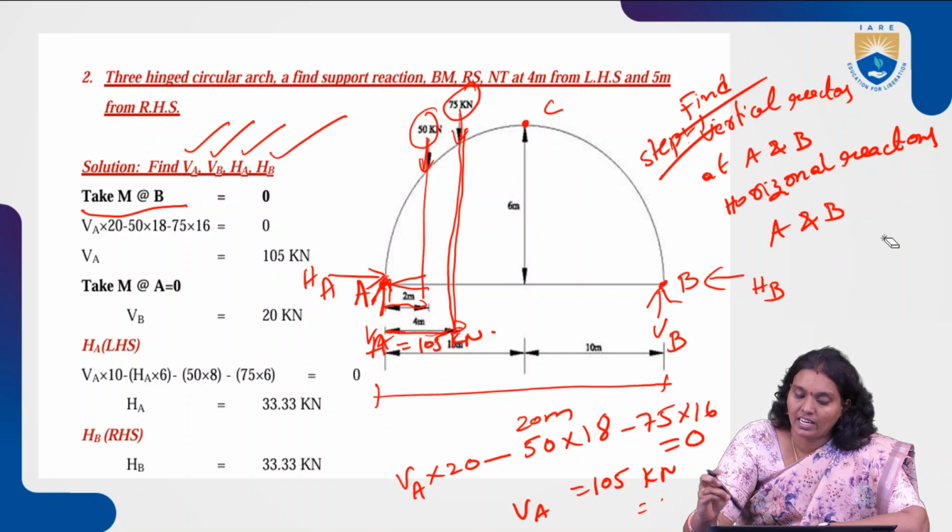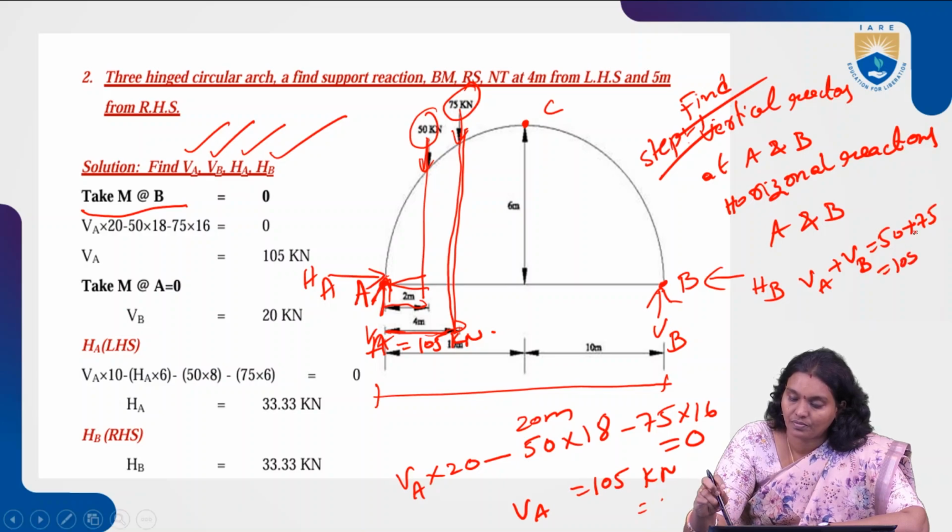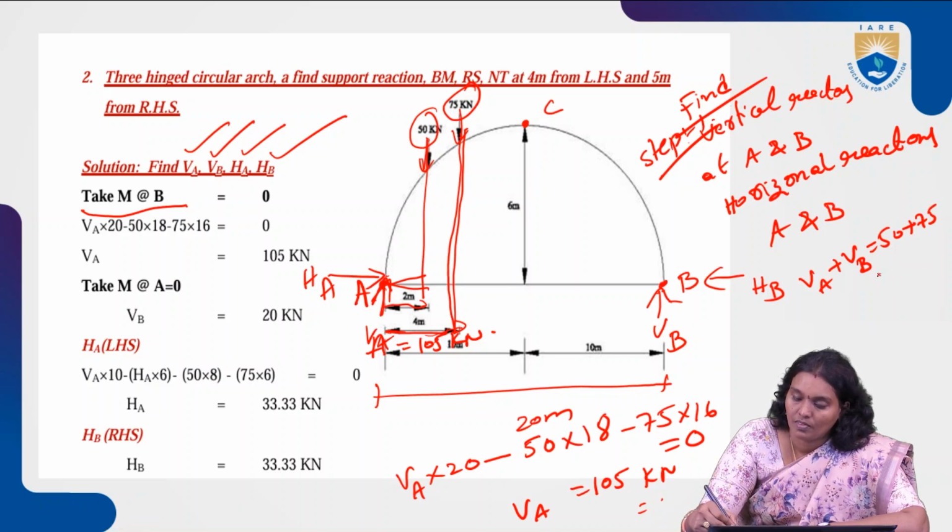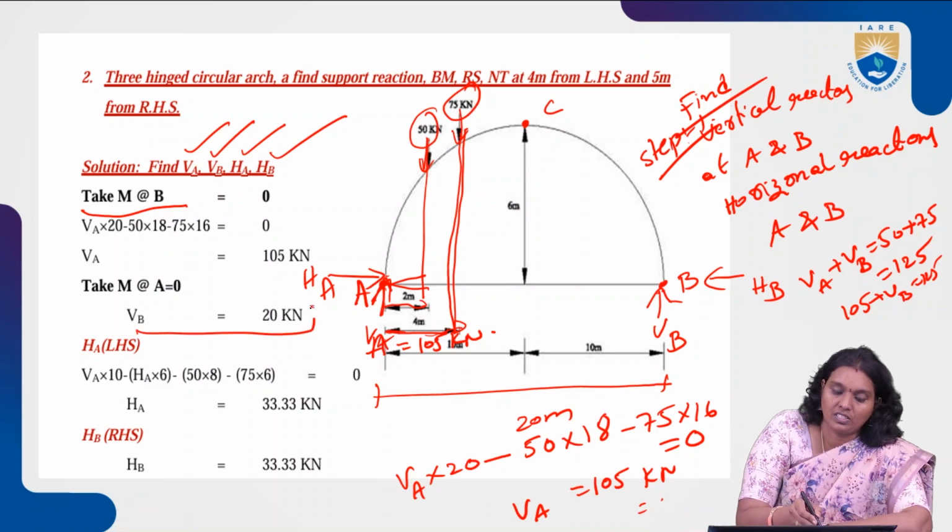The total reactions VA plus VB is equal to 50 plus 75, that is equal to 125. We know VA is equal to 105, so VB is equal to 20.